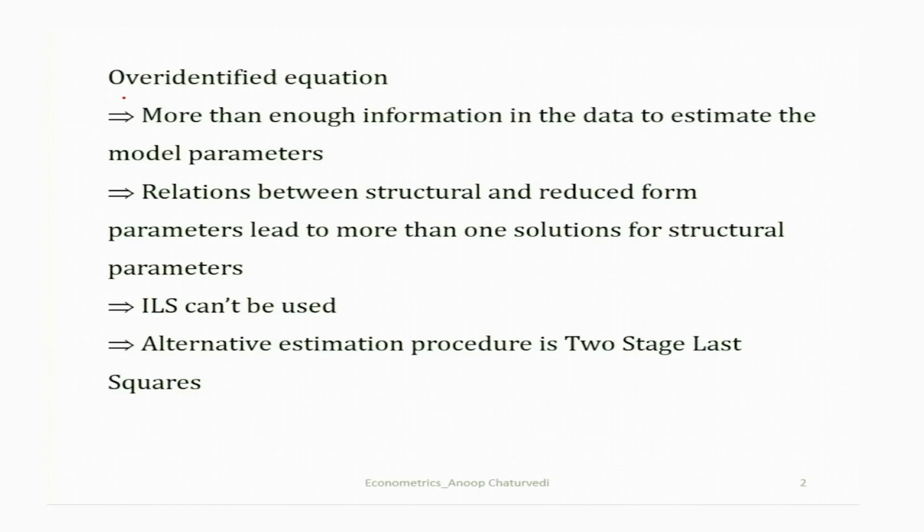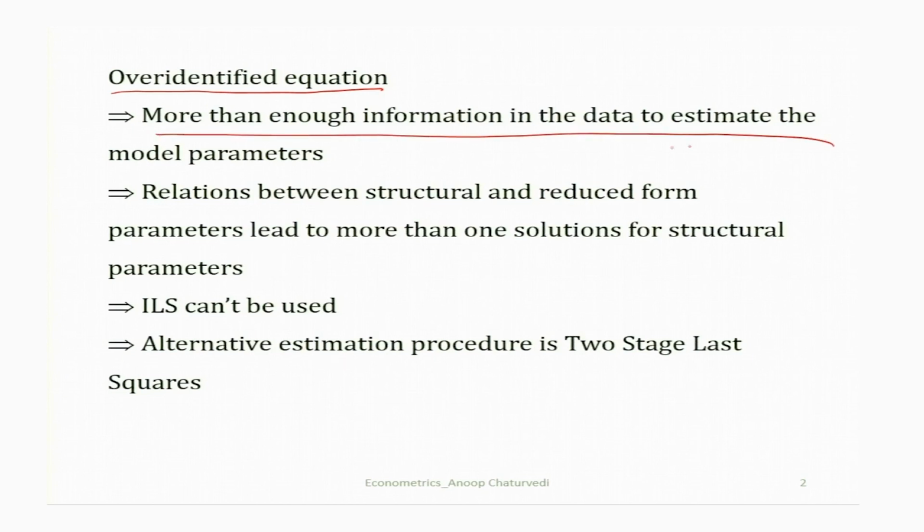And then we will also discuss the consistency properties of the two-stage least squares estimator. And then we will move to the estimation of the parameters of a particular structural equation using the limited information maximum likelihood procedure.